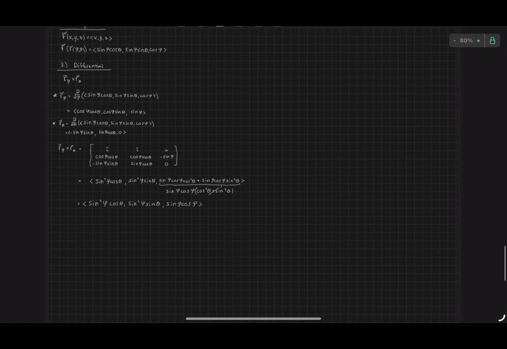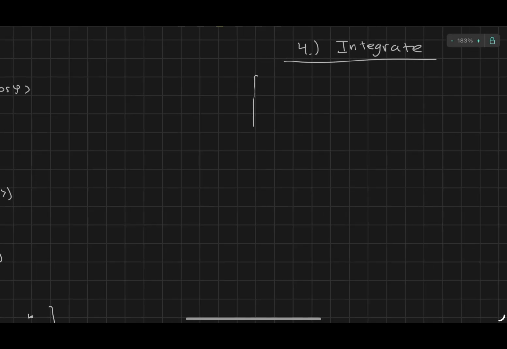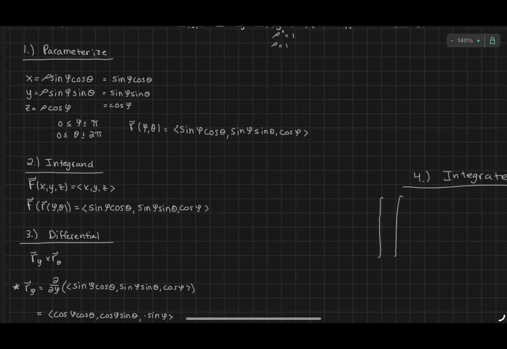So now going ahead and integrating, not really integrating, we're just asked to set it up here. Our bounds here are going to be, let me see, which order do I think we'll do, d phi d theta.